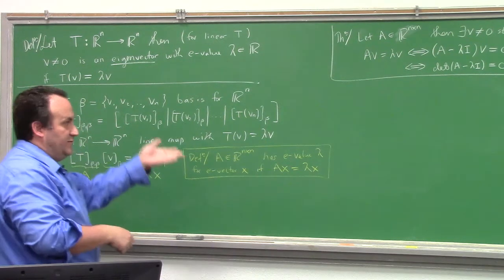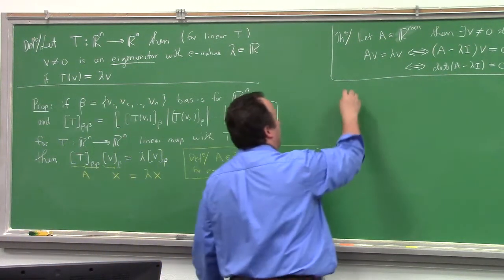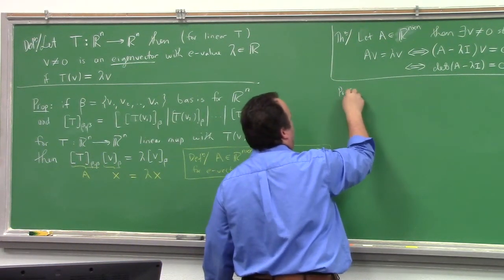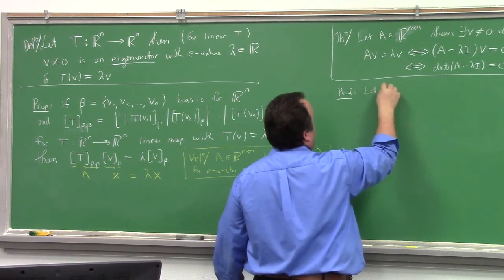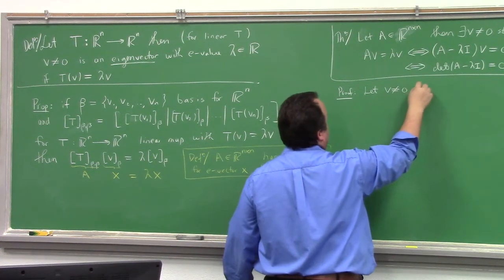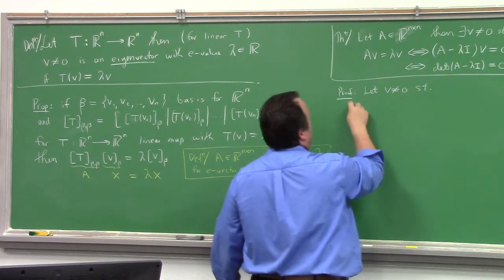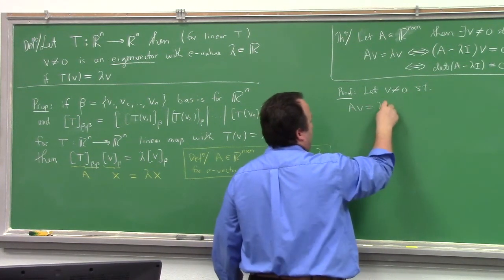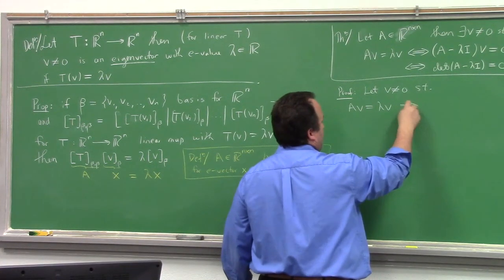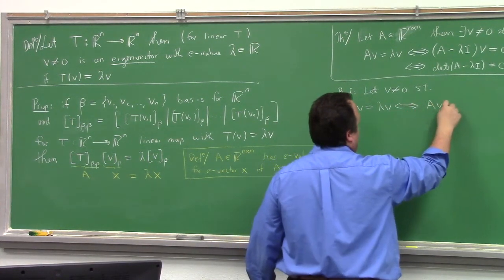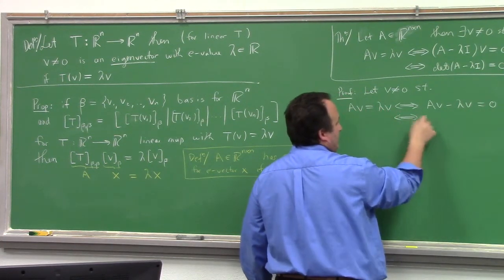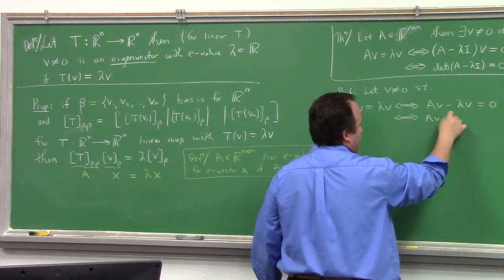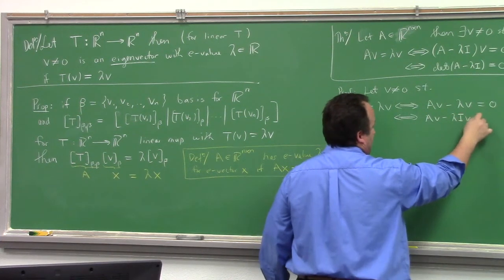So the proof of this: let v not equal to 0 be such that AV equals lambda v, right? Well, that's true if and only if AV minus lambda v equals 0, right? And you can rewrite that as AV minus lambda times the identity matrix times V equal to 0, right?